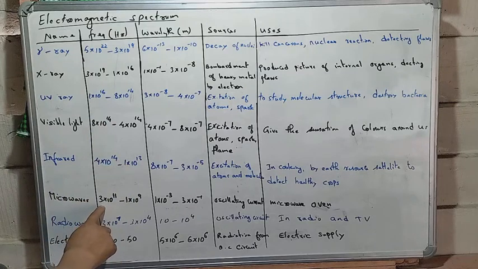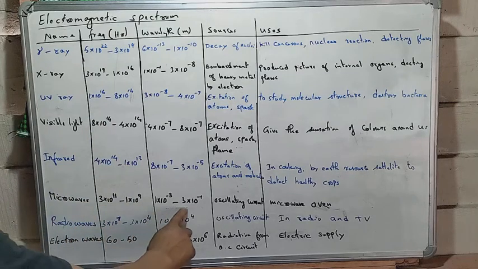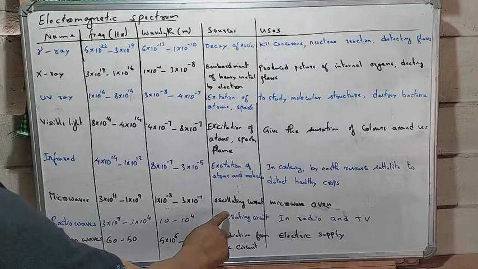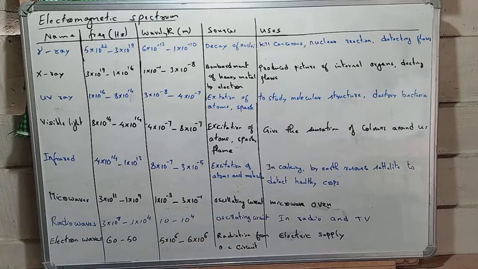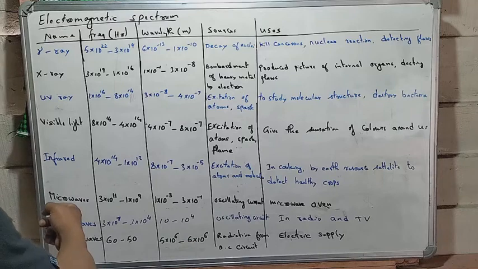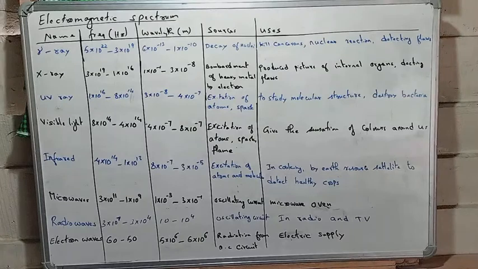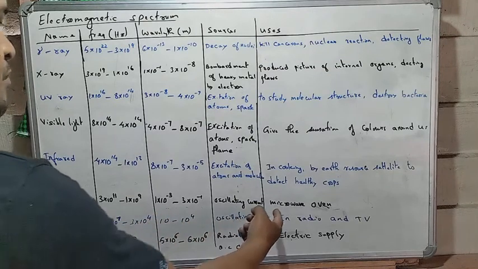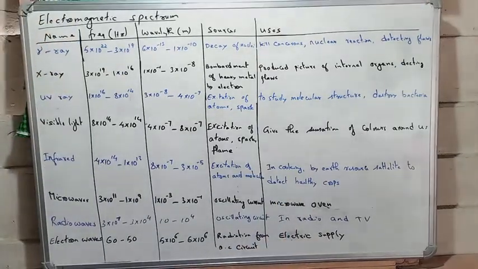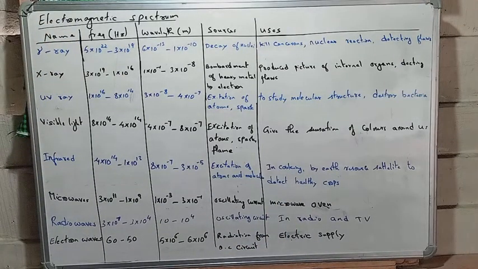Microwave has this range of frequency and this range of wavelength, and its source is the oscillating current. When a current in a circuit is oscillating, you get a wave which we call microwave. It is very common to use at home: we use the microwave oven, which produces microwaves that heat the food inside the oven.